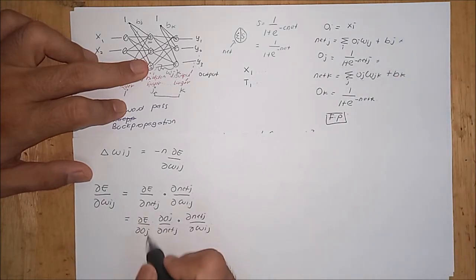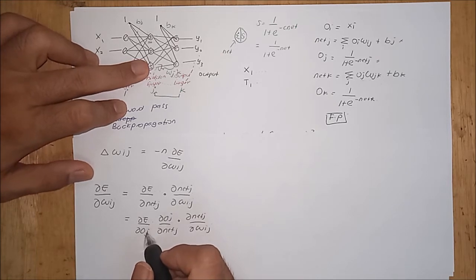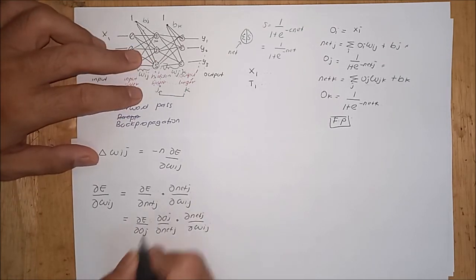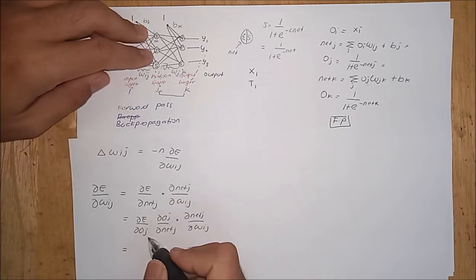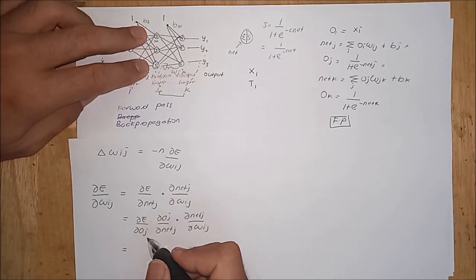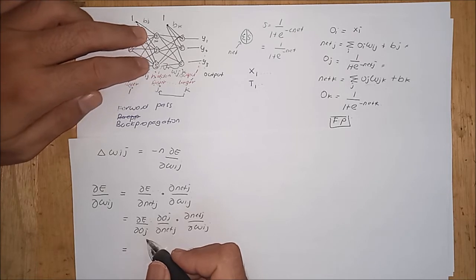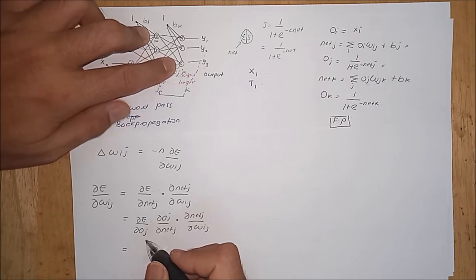dE over doj is still not a direct relation, so we need to expand it. Here we have net j, then oj, then we meet net k.